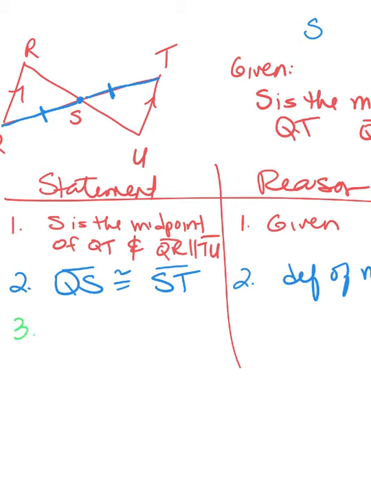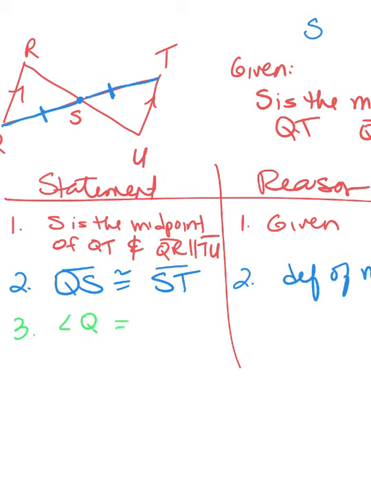Parallel. There's parallel lines, right? So what angle is congruent to what angle because of definition of alternate interior? Q and R and U and T. Nope. Angle Q is congruent to angle T and angle R is congruent to angle U. I think it's alternate.